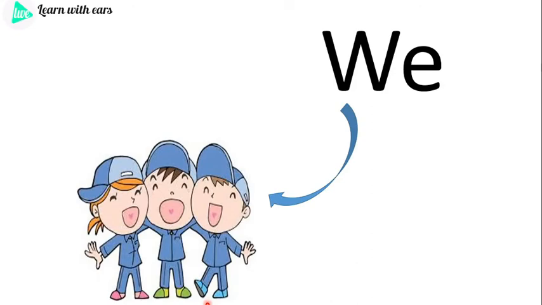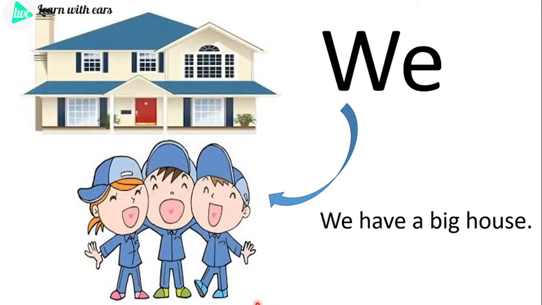Now next, we is used for plural subjects. When there is more than one person, we use we. We have a big house. With we use have because we is a plural subject. Now next is they.